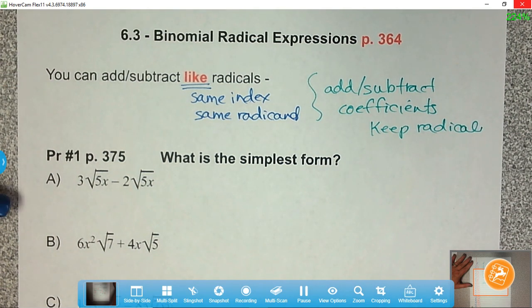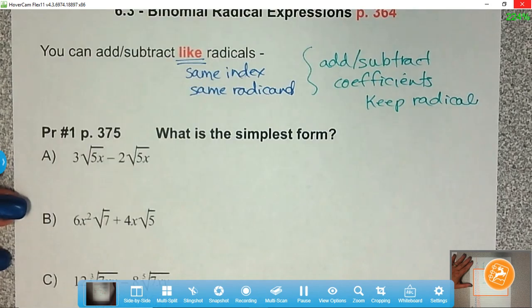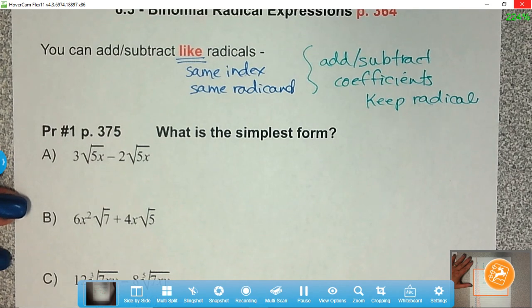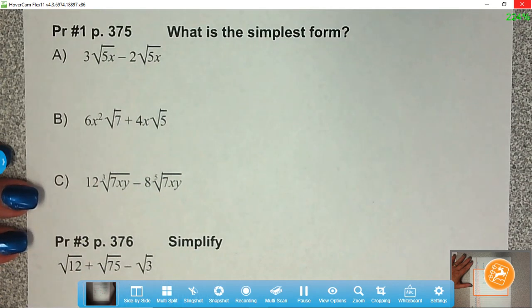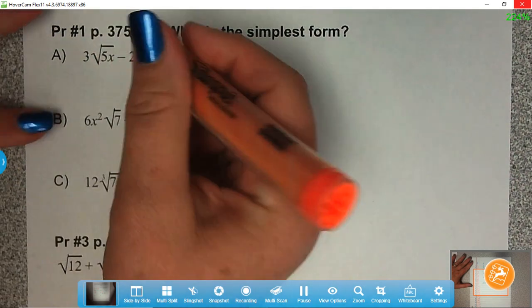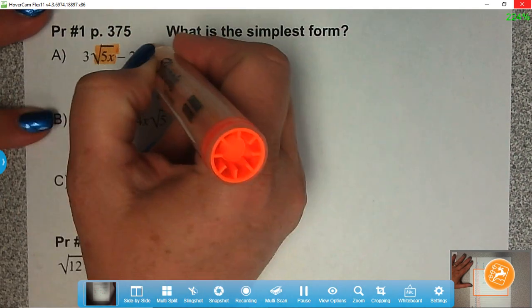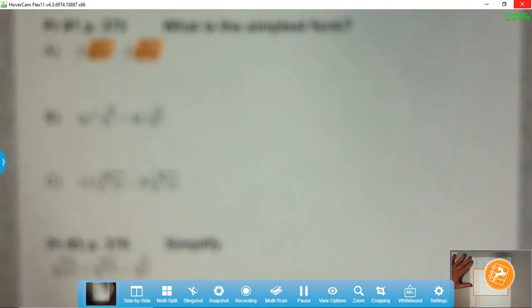All right, so let's take a look at a couple of examples here. Okay, problem 1, what is the simplest form? Well, if you take a look at this problem, my radicals, both of them, are the square root of 5x.